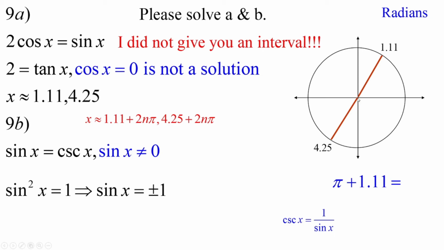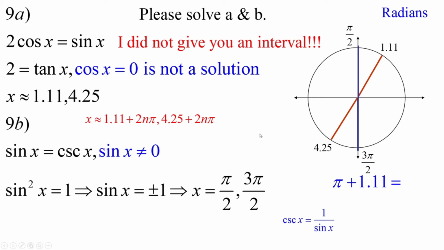Sine measures vertically, so that'd be at pi over 2. And then how about this ray down here, which would be 3 pi over 2. Okay, there you have it.